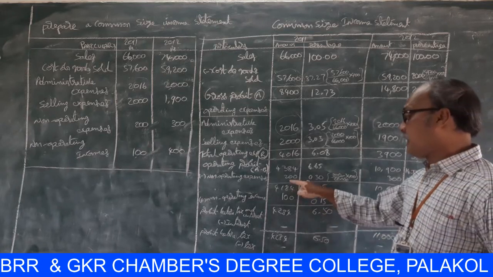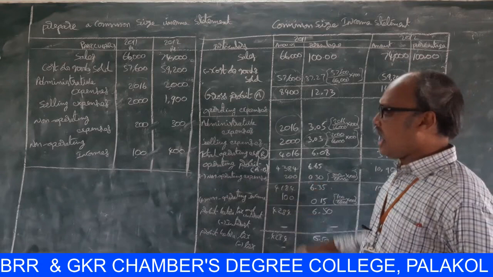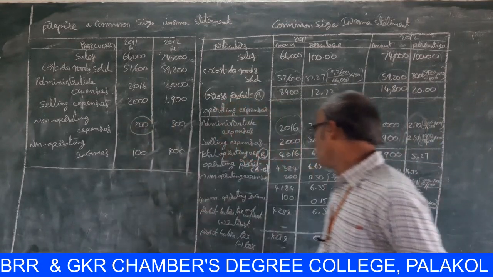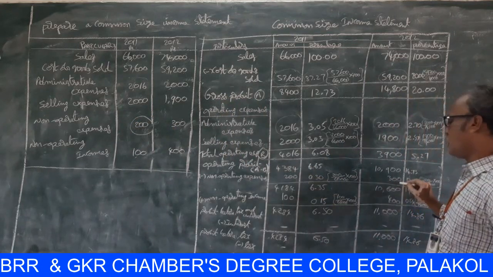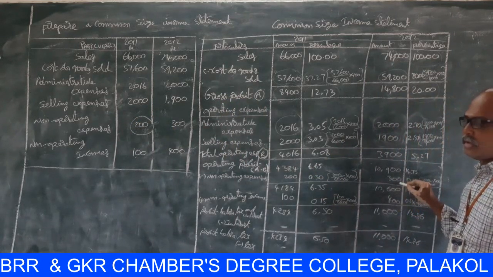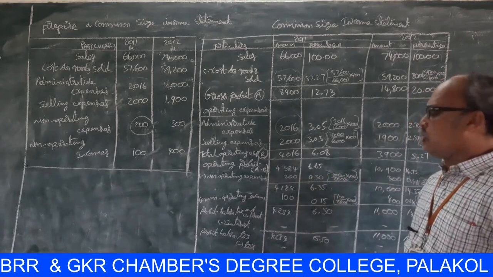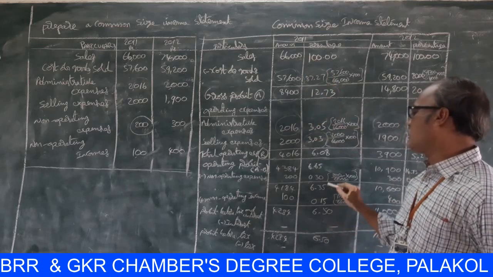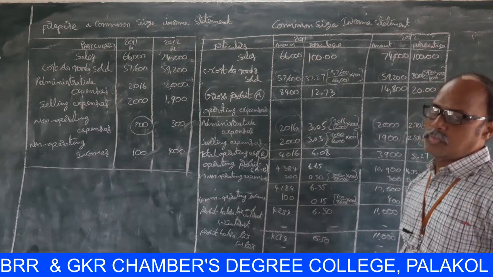Next, non-operating expenses. The non-operating expenses in the year 2011 is 200. Next, in the year 2012 is 300. The percentage of non-operating expenses is 200 by 66,000 into 100, that is equal to 0.30.